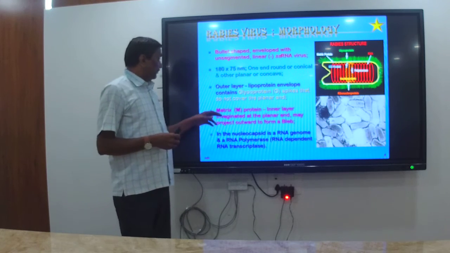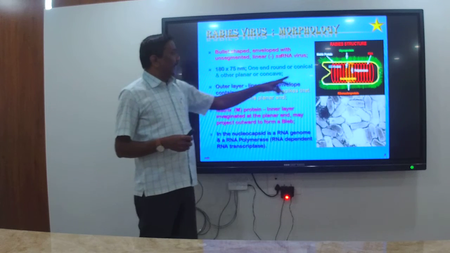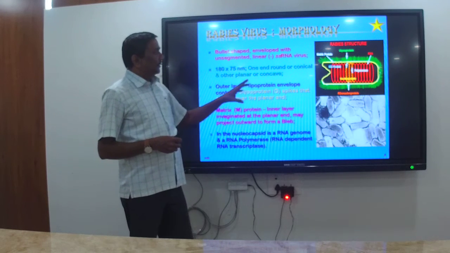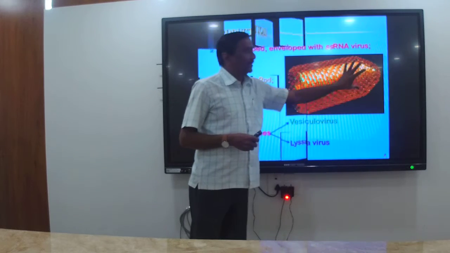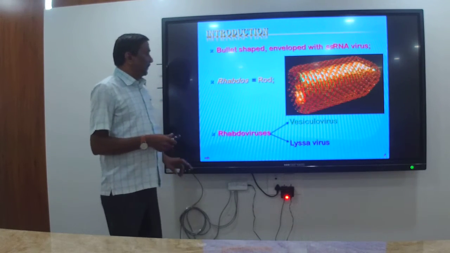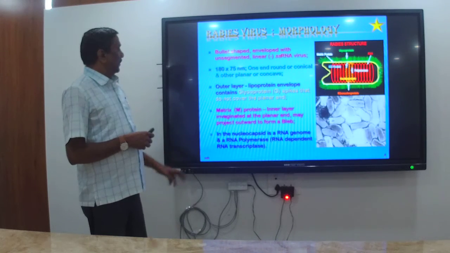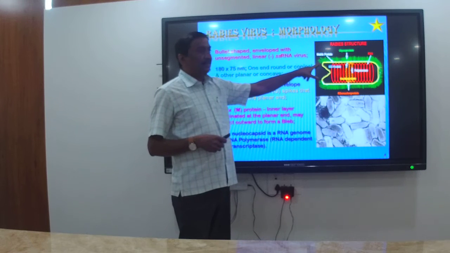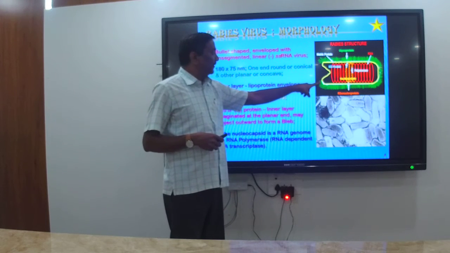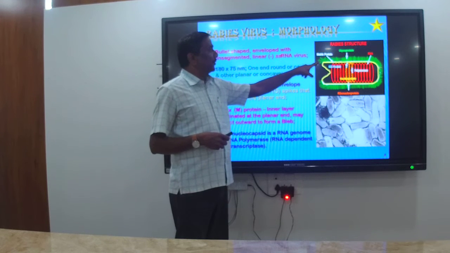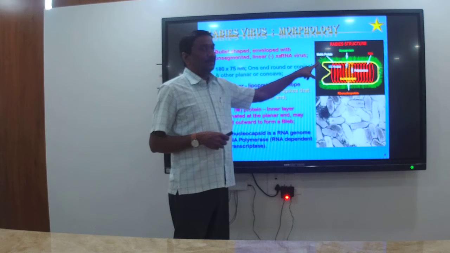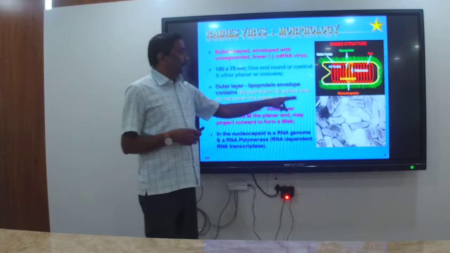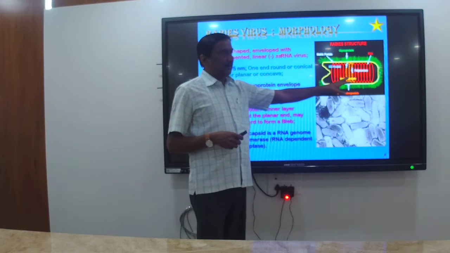Then the matrix protein lies beneath the envelope, and this fills completely the inner viral structure. This matrix protein, towards the planar surface, may get invaginated to form a concave shaped structure, or sometimes it may protrude out to form a knob-like structure, which is called the bleb. Then the nucleocapsid and the nuclear material.